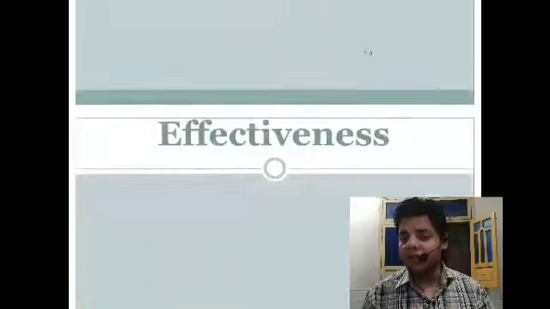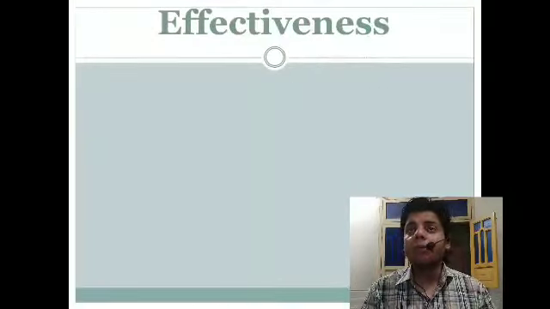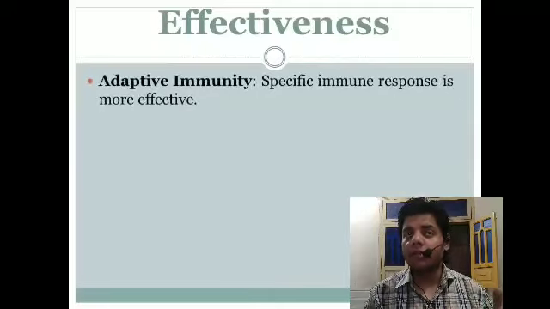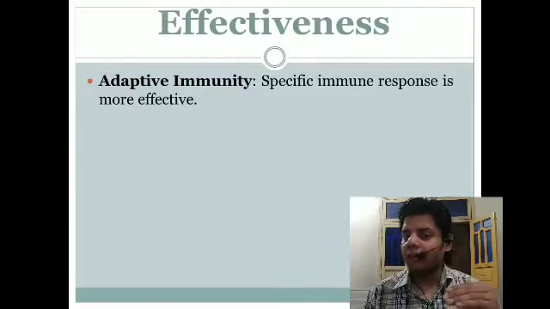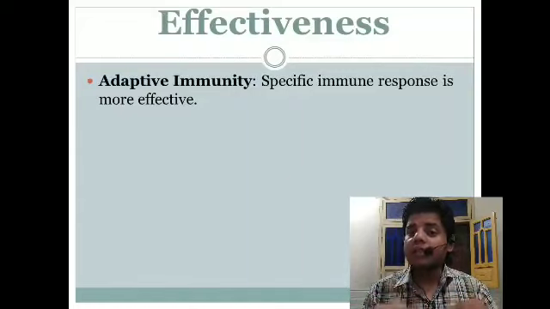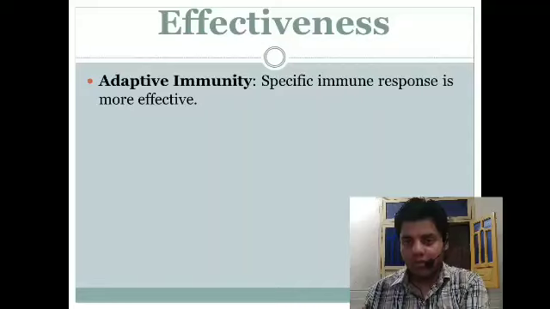Then we have effectiveness. Adaptive immunity is more effective than innate immunity. Why? Because it is activated against specific microorganisms, and it can kill them quickly as compared to innate immunity.